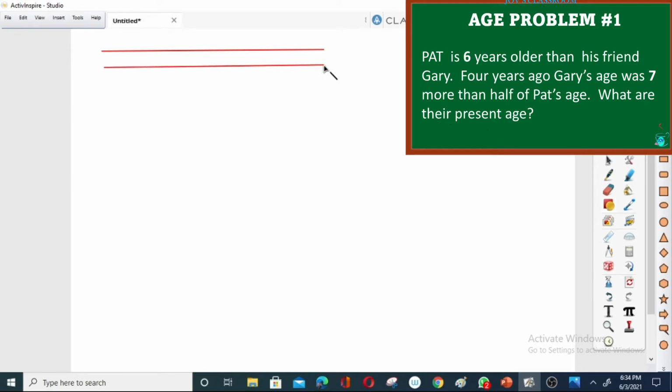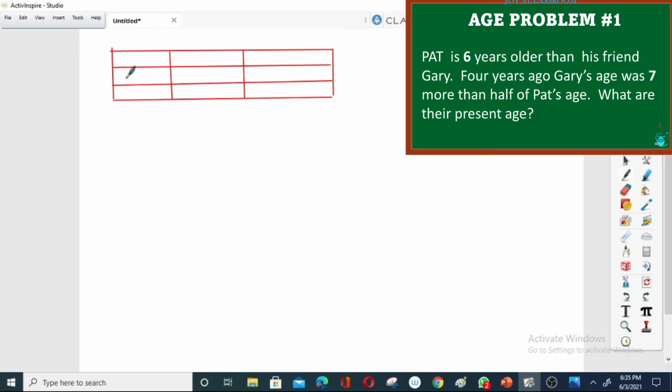We have two persons involved here, so we need 3 rows. This is the person's name, and always have the present age of the person and then past or future age. Alright, so let us write the names of the persons. We have Pat and we have Gary.